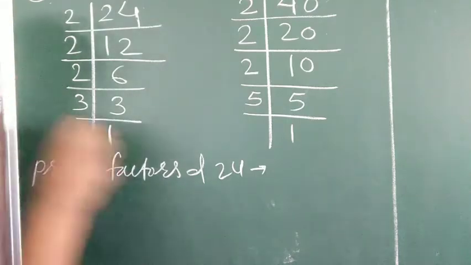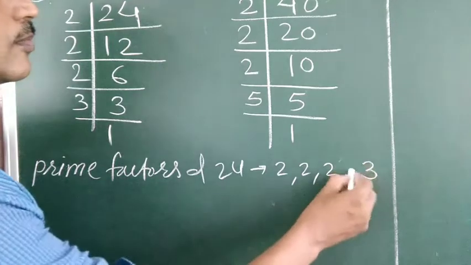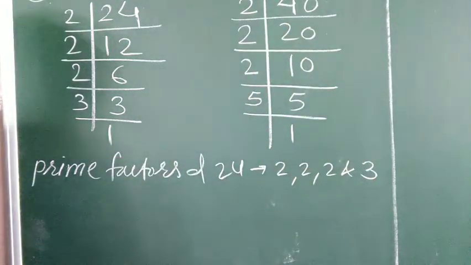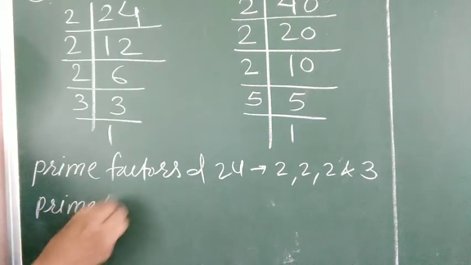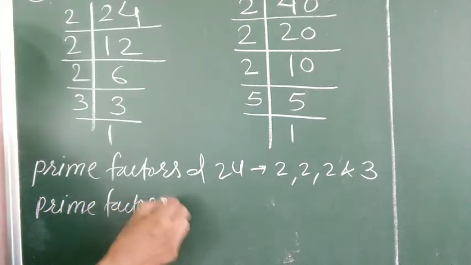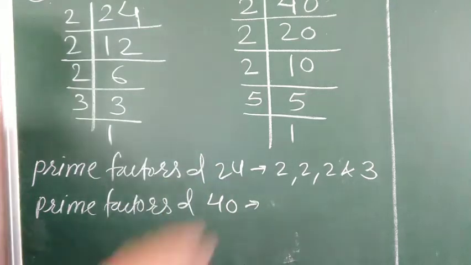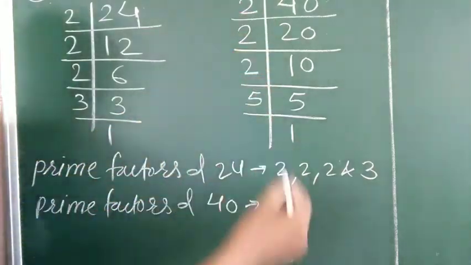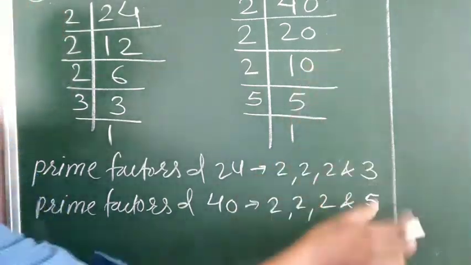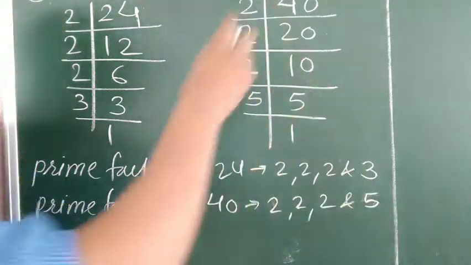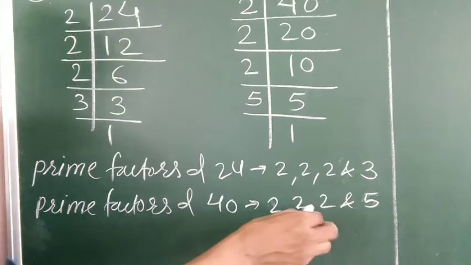Next, the prime factors of 40 are 2, 2, 2 and 5. These are the prime factors of 40.